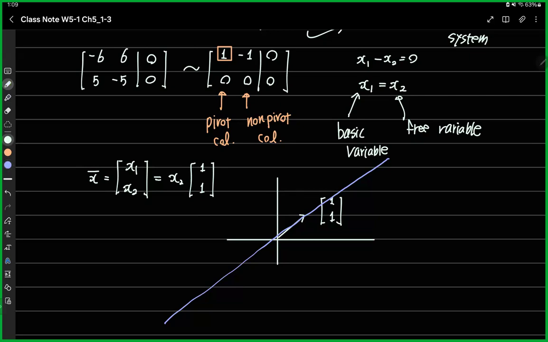So here's a 1, 1, and then here's a 7, 7. Give me a second. A times, for example, the vector 1, 1 is equal to nothing but 7 times 1, 1. You see?